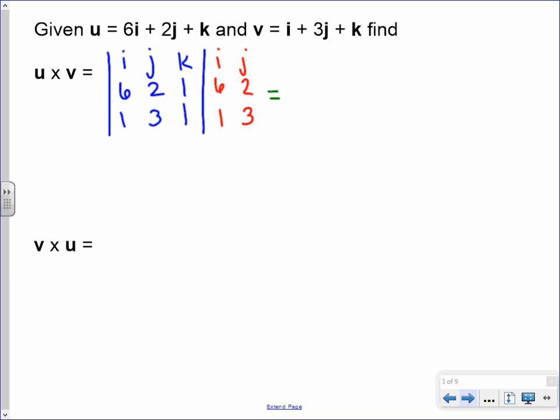So first we have to do the down diagonals. So i times 2 times 1 plus j times 1 times 1 plus k times 6 times 3.